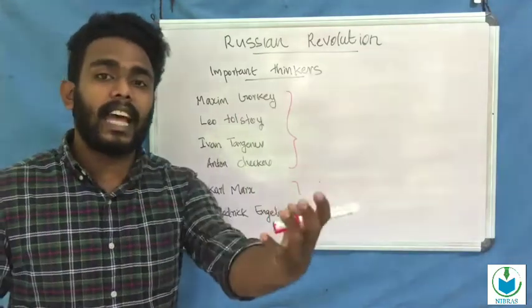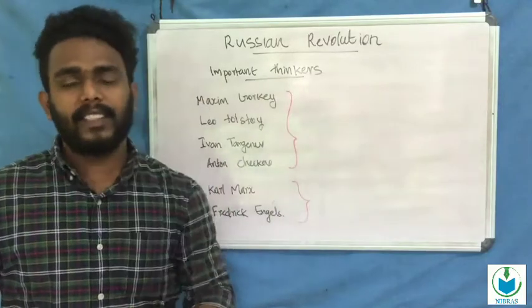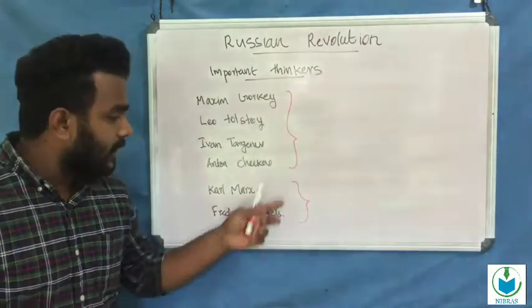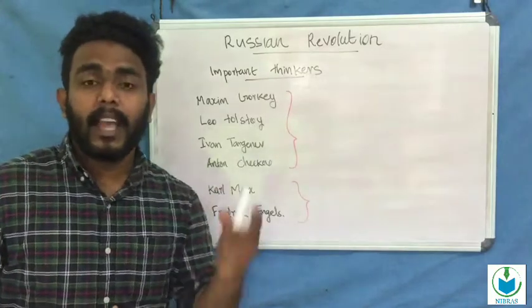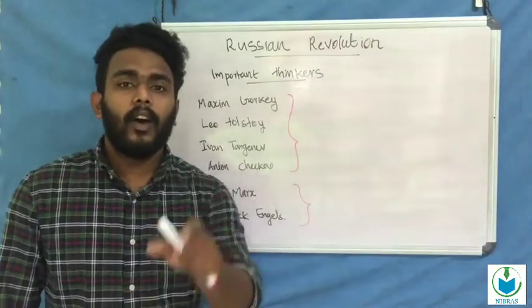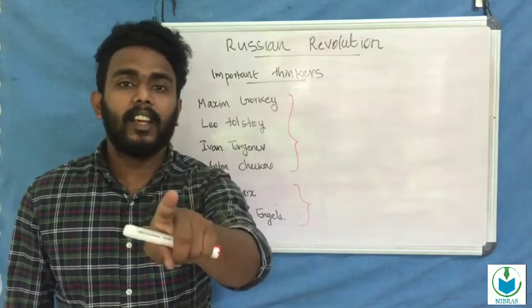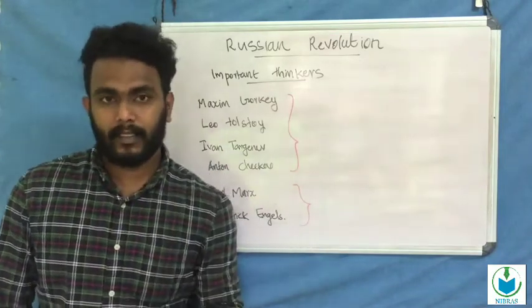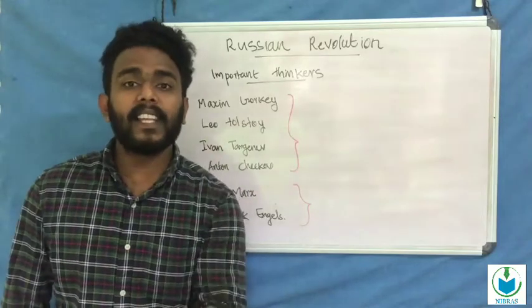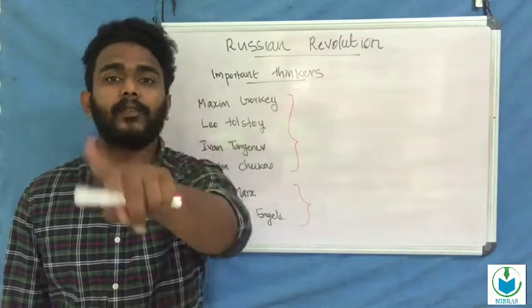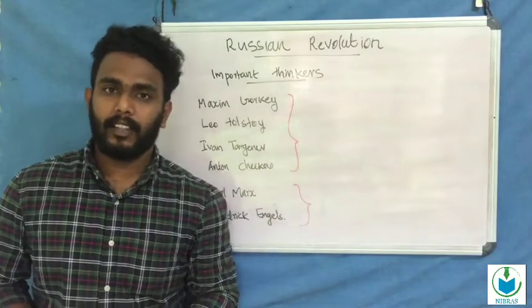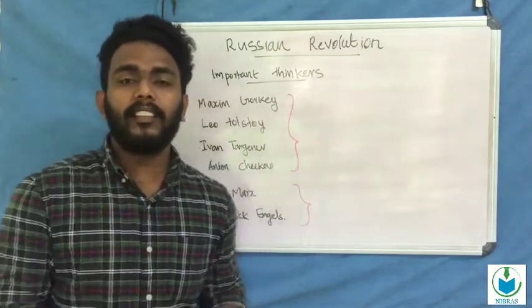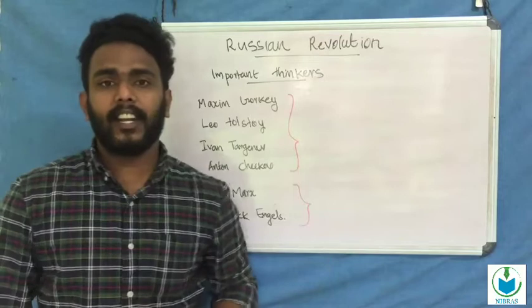But they formulated the ideology of Marxism, and they also motivated the workers to establish the supremacy of the workers instead of the capitalists. These are the main ideas of Karl Marx and Friedrich Engels.